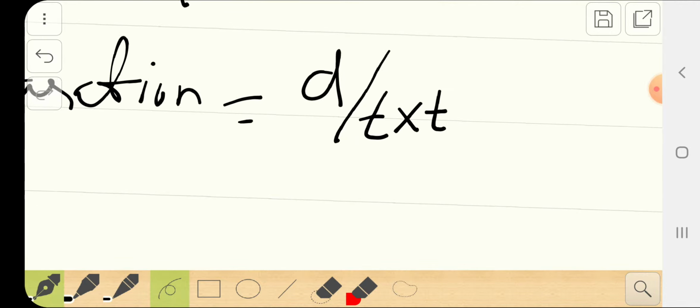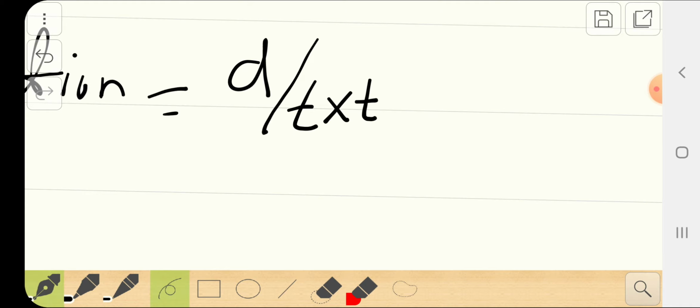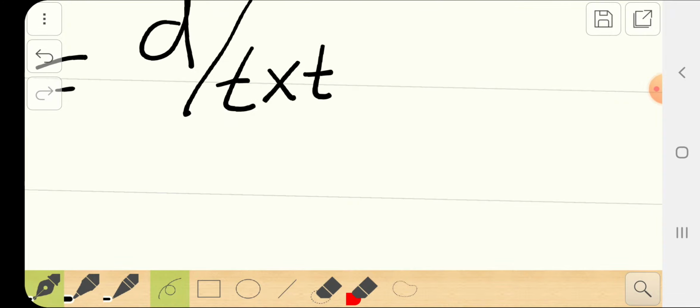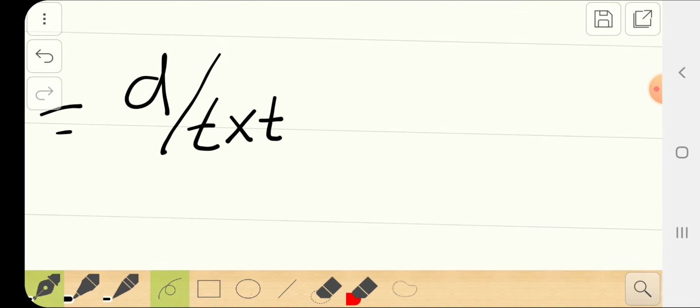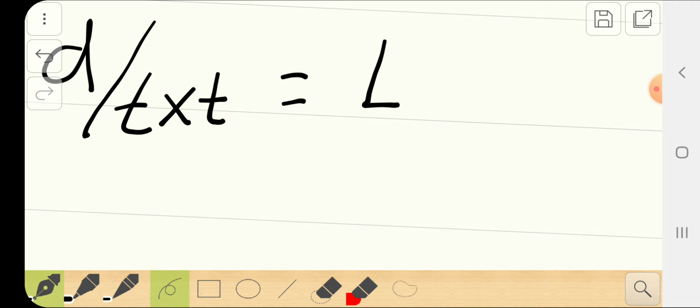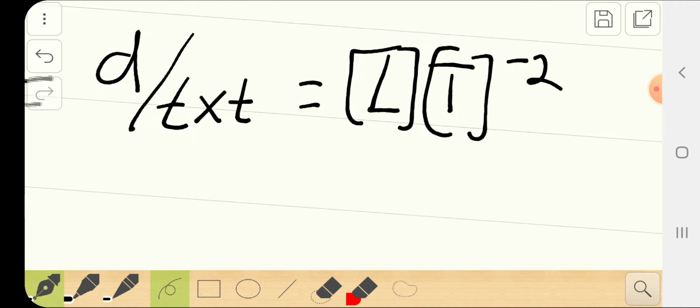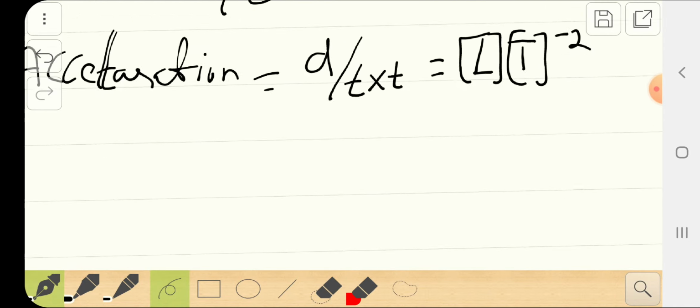It's the time rate of change of velocity, the velocity change of a particle. So that's velocity by time, that's distance by time square, right? So that's L T raised to -2. Okay, so that's acceleration.